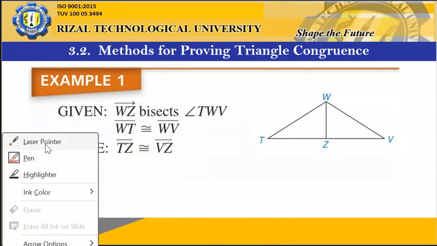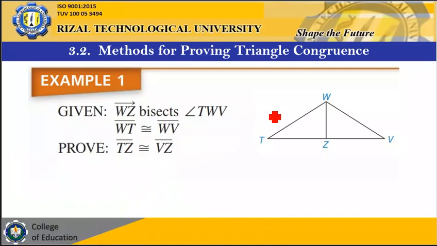Okay, so let's put our identical marks already. WT is congruent to WV. And since WZ is the bisector of angle TWV, we say that the angle bisector bisects the angle into two congruent angles.